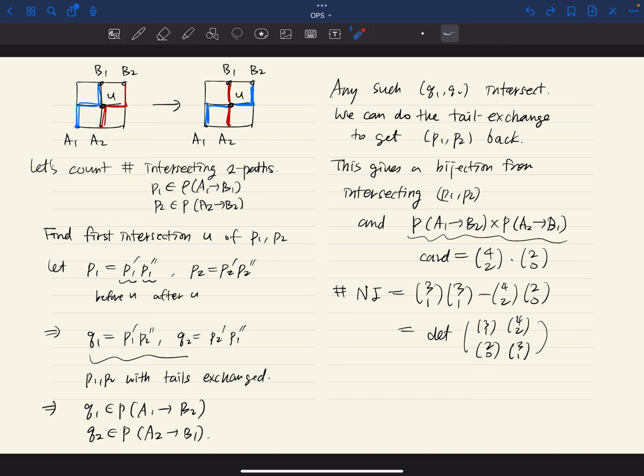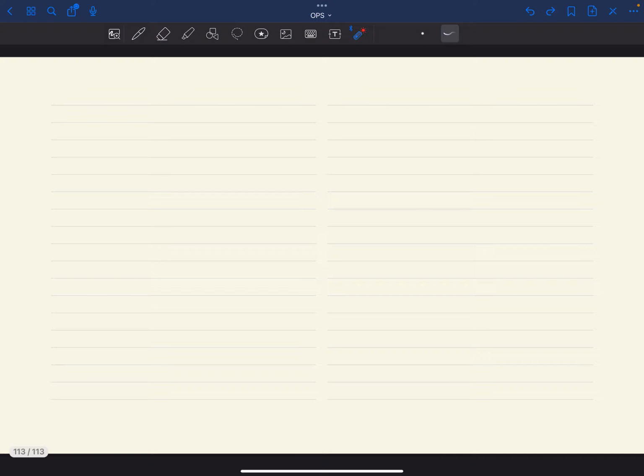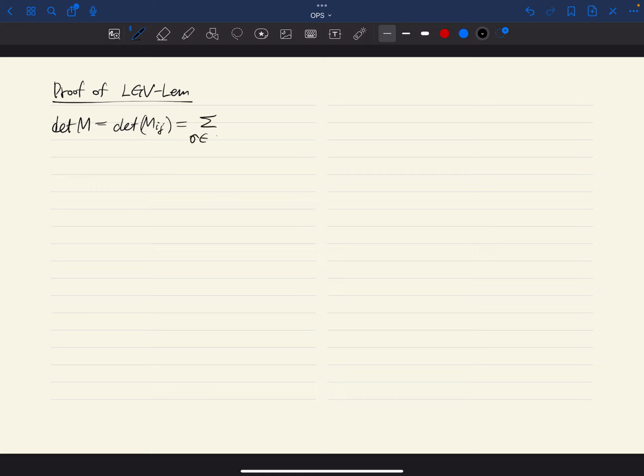Okay, so let's prove the theorem now. Proof of the theorem of the LGV lemma. All right. The determinant of M is by definition, M_ij, right? But what is the definition of the determinant? It's just the sum over all permutations.